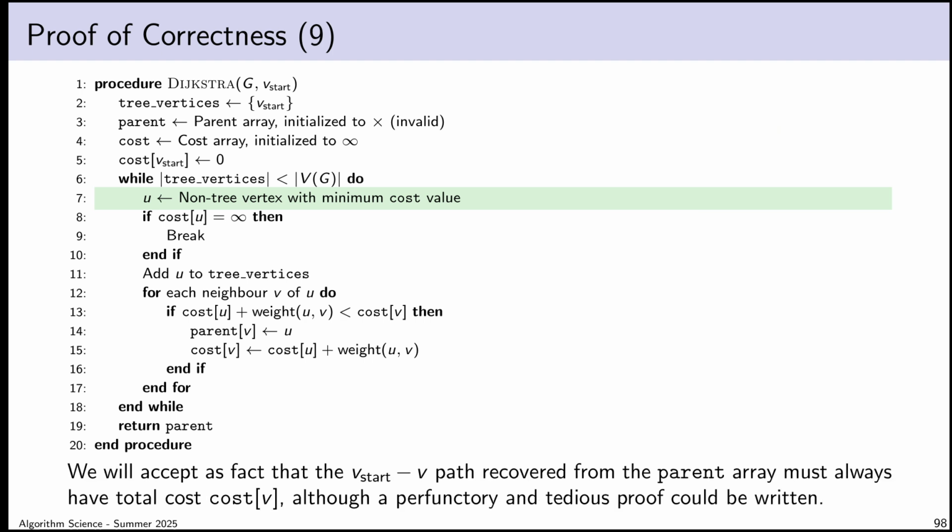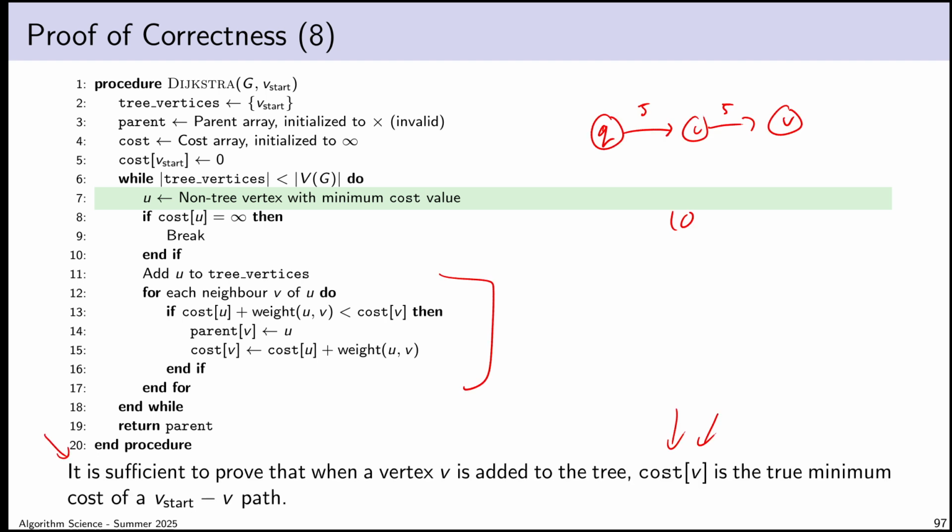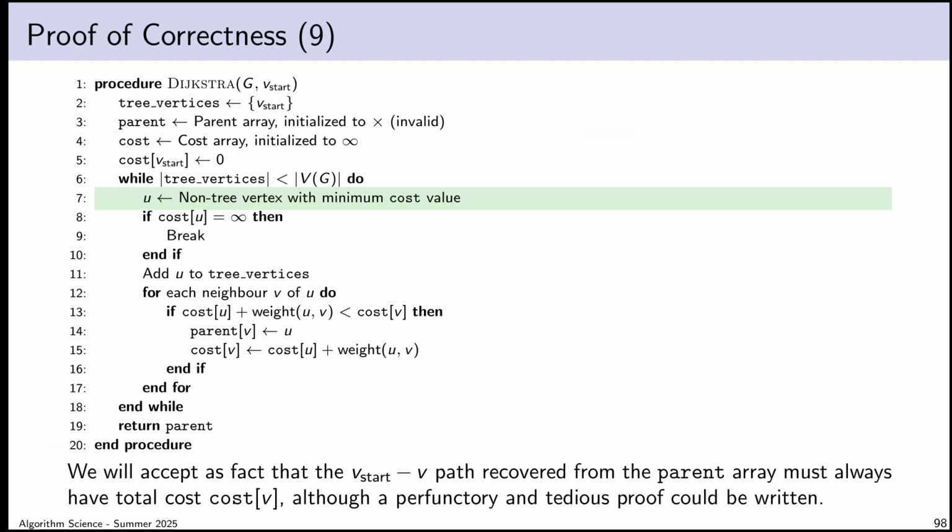Now, before I do the proof that proves this fact, I will also observe one other contingency that maybe somebody cares about: how can we be absolutely sure that the tree the parent array contains actually contains paths whose costs equal the costs in the cost array? I know that sounds like word salad. In a sense, that's a justification for why I don't feel the need to prove it, because maybe it's self-evident, but if not, there is a way of writing a sort of tedious proof of this fact.